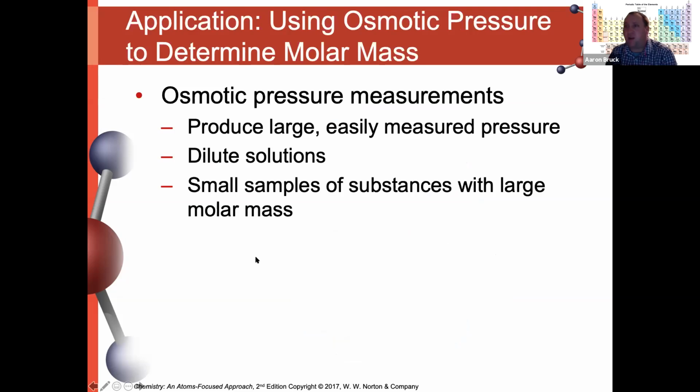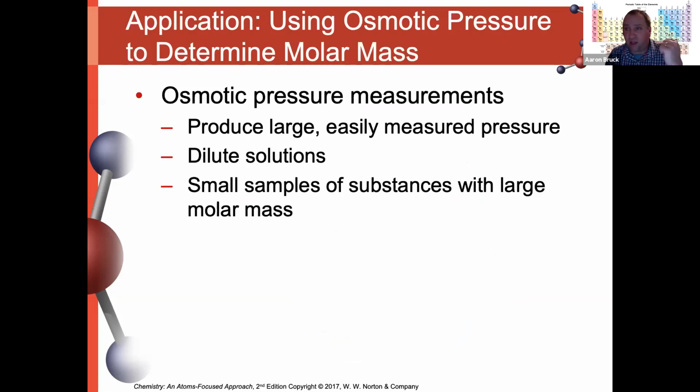The last primary application that we use osmotic pressure for a lot is for determining molar masses of substances. Now, as I said before, it doesn't take a very high concentration of substance to get an appreciable amount of pressure.